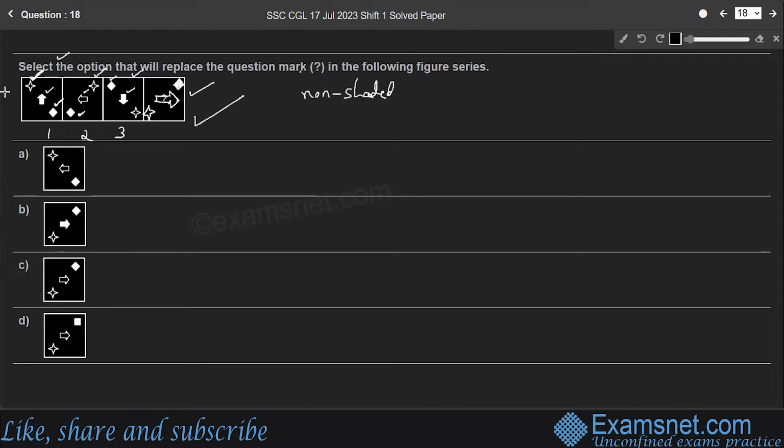So the 4th figure will be like this: diagonally from top to bottom, diamond, arrow mark and star. That is option C. The arrow mark should be non-shaded, so option C is the right answer.